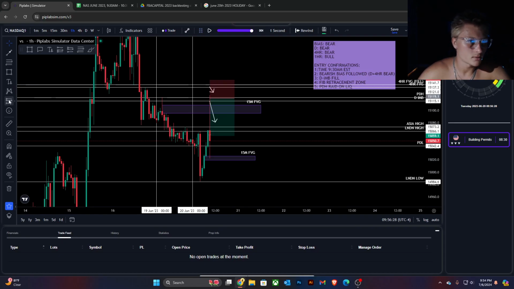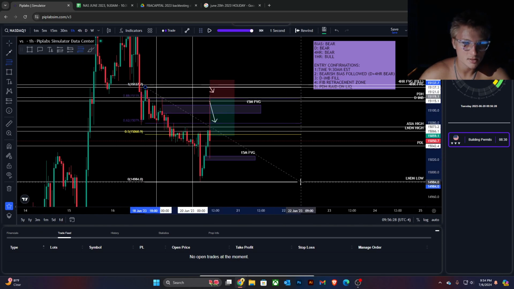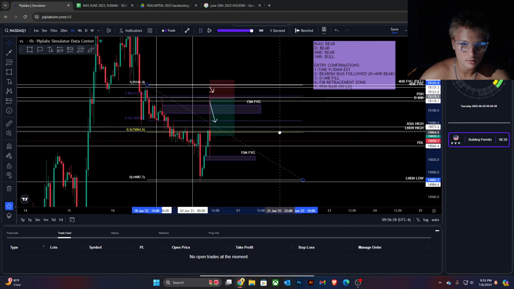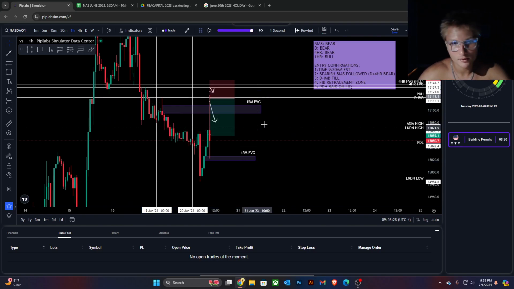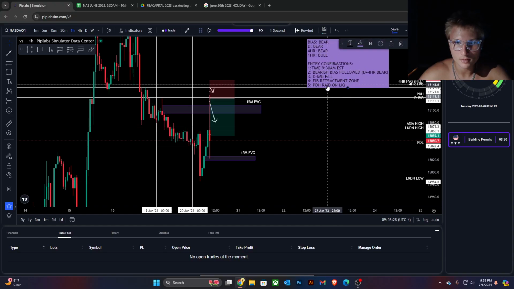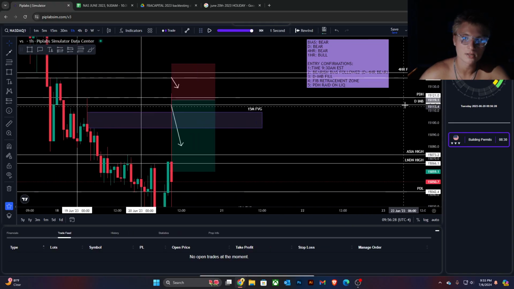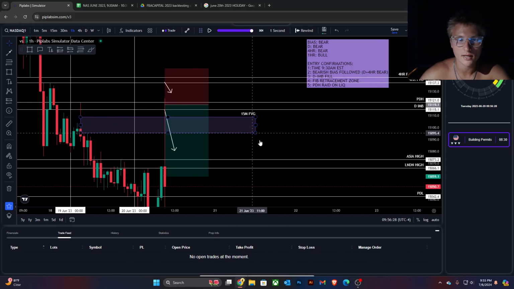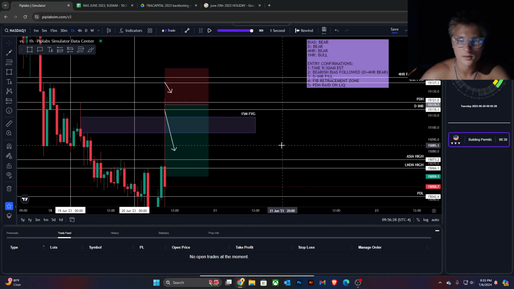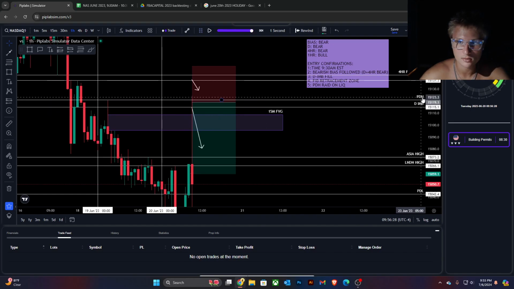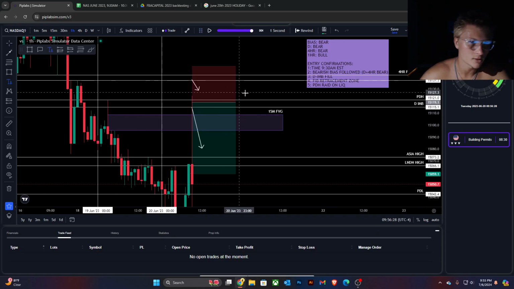And obviously the 50% fib is a very popular one. The 50% is the golden one here. We didn't really have price react off that, but the main thing here that I think caused this nice move was the combination of the daily imbalance, so having a higher time frame imbalance, and the previous day's high, which is a high probability area of liquidity.